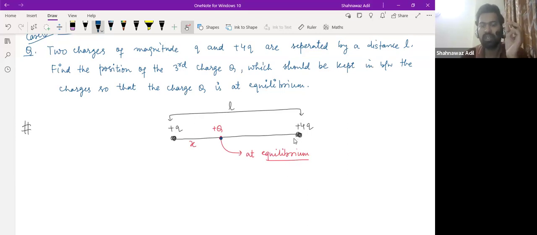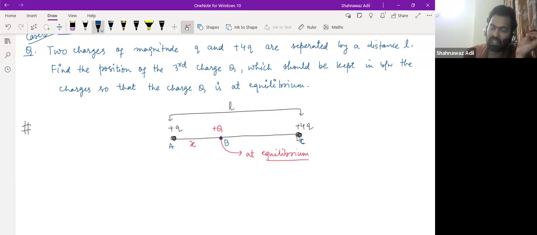So we have to just write that part, right? Let's say this is point A, this is point B, and this is point C. And let's assume that this distance is X.